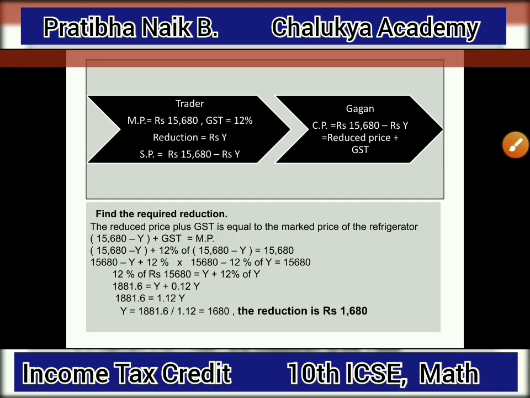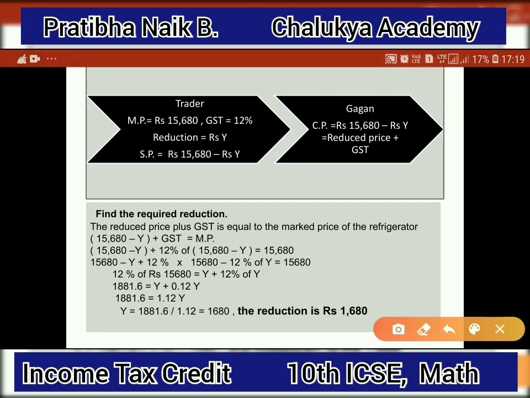Okay, so now let's see here. The reduced price plus GST is equal to the marked price of the refrigerator. Now here the reduced price is how much? 15,680 minus y. The GST which is applicable on it should be equal to the marked price.